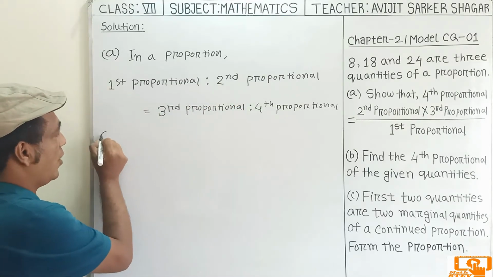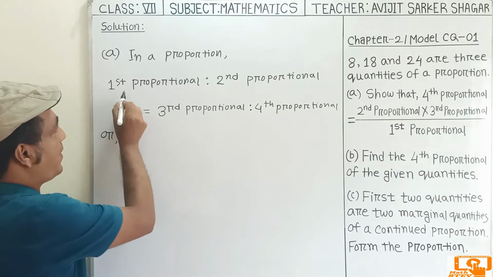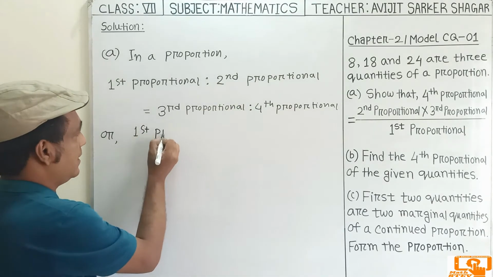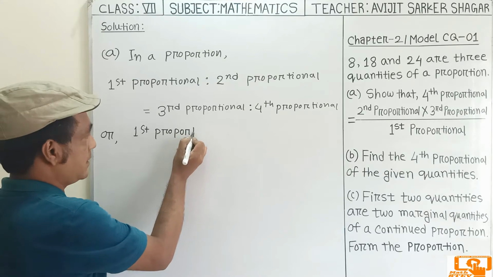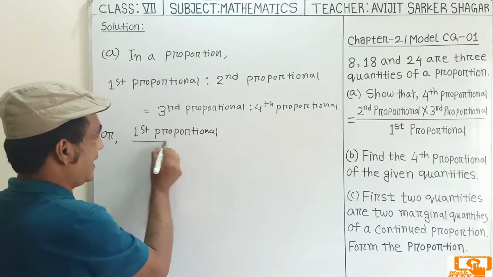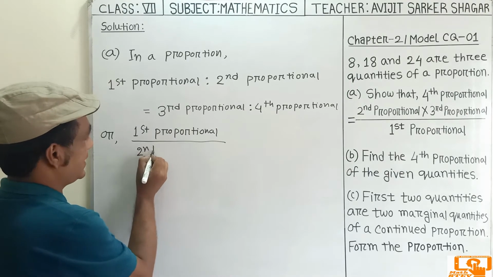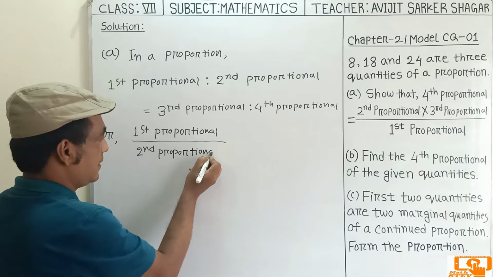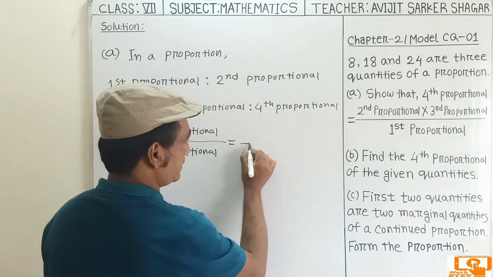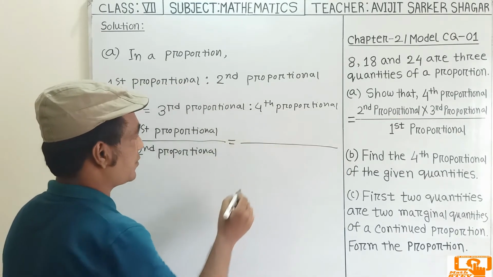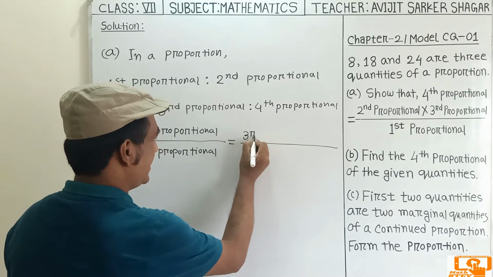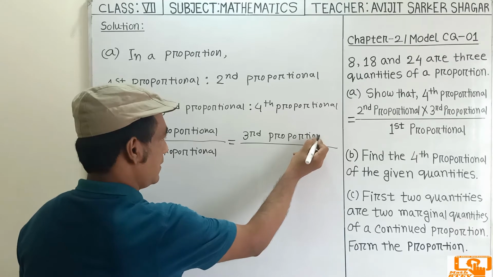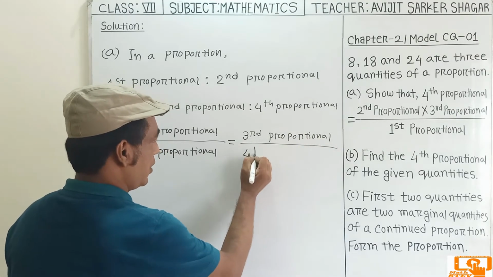Or we can write first proportional ratio second proportional, that means first proportional divided by second proportional, equals third proportional ratio fourth proportional, that means third proportional divided by fourth proportional.